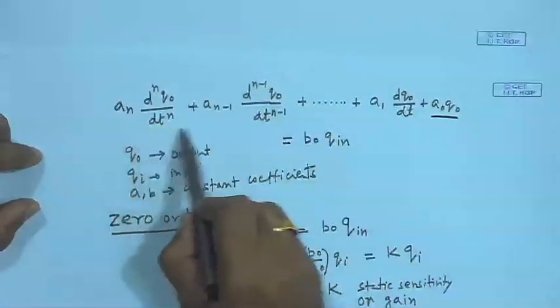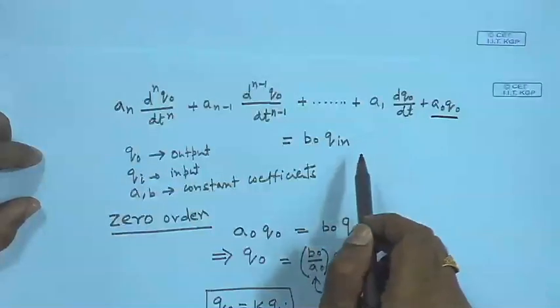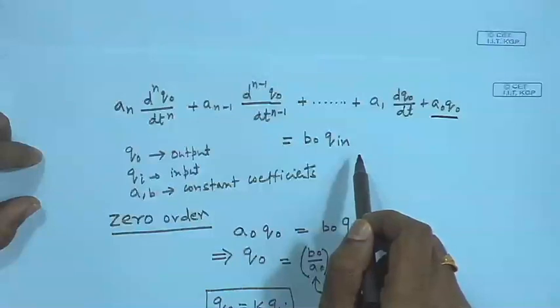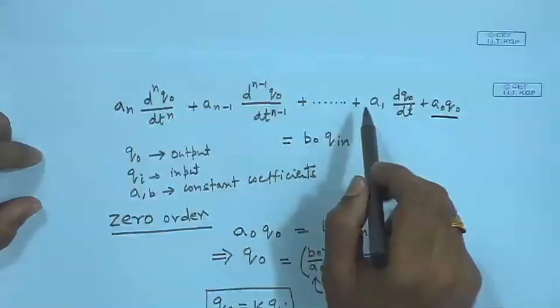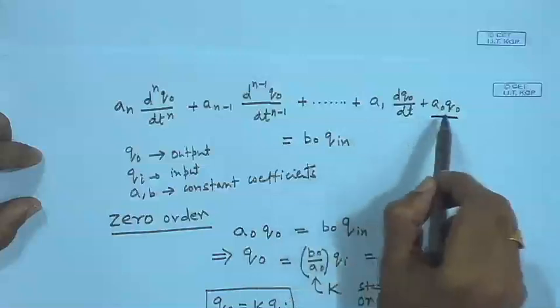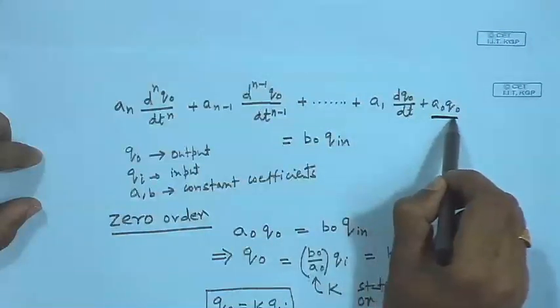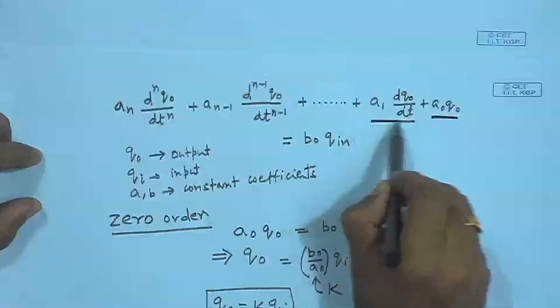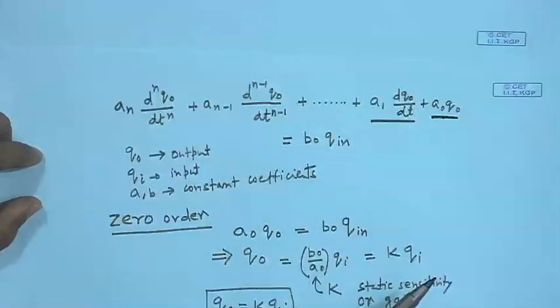Similarly, a first order instrument will be described by a first order ODE. So, again if we look at the previous differential equation, that is a generalized model for an instrument, we will retain only the first order term. So, we will retain this as well as this for a first order instrument.